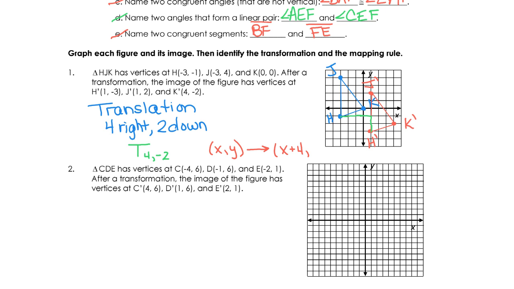And then whatever the y coordinate is, so we'll just call it y, goes 2 down, which would be a -2. And that's a mapping rule. Okay. And so we identified the transformation not only in words, we also identified the transformation in notation, and then we also talked about the mapping rule.